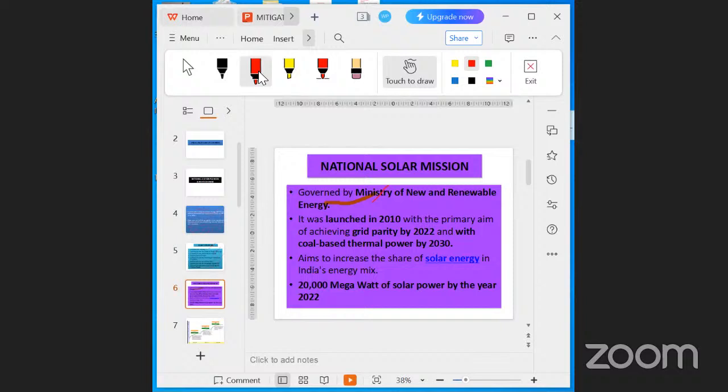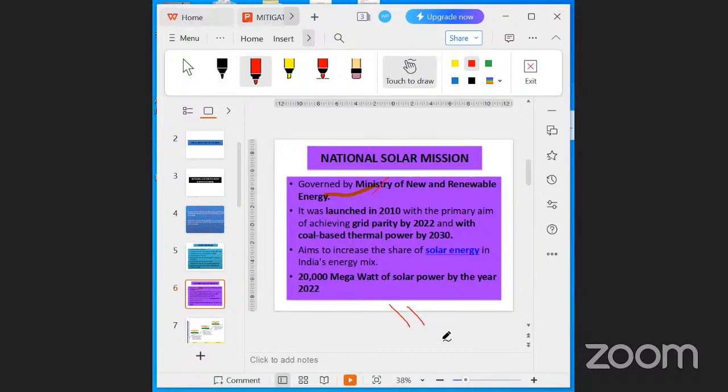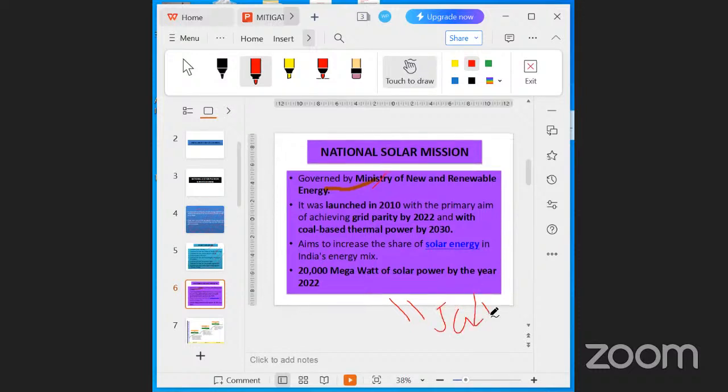Now the Jawaharlal Nehru National Solar Mission was launched on, I think, 11 January 2010, with the primary aim of achieving grid parity by 2022, and with coal-based thermal power by 2030, right?